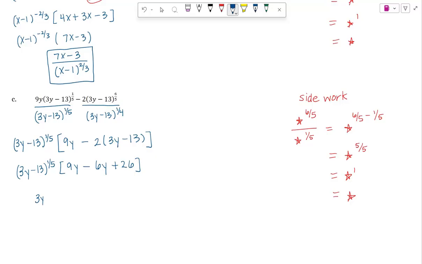And then just combining like terms, we've got 3y plus 26. This example is slightly different than the ones we just did a minute ago because our final answer and what we factored out has a positive exponent. So it's going to stay on the same line as what we combined there. It can't be moved down to the denominator because it's got a positive exponent.